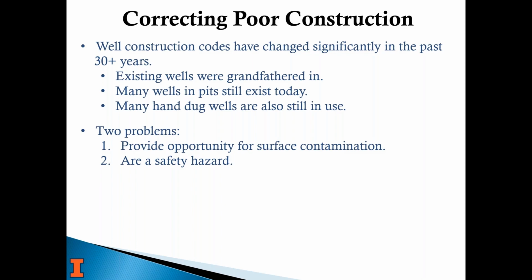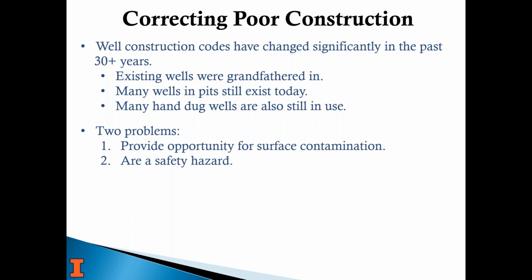So they stopped the well below the frost line, where in central Illinois that might be 3 feet. And so you just dug a pit and you put your cap 3 foot below land surface, and then you ran into the house. But those pits can flood. So if your well cap's not completely properly sealed, then you're putting surface water right into your well.